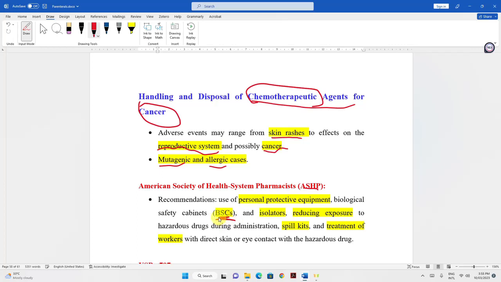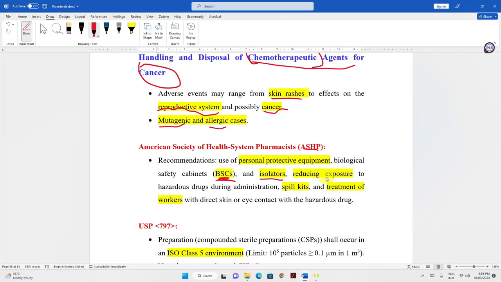These cabinets do not allow anything to escape from the cabinet to the person who's working in it. Isolator means the whole cabinet is isolated. You have gloves from outside going inside, and that's what you use, so there is complete isolation.